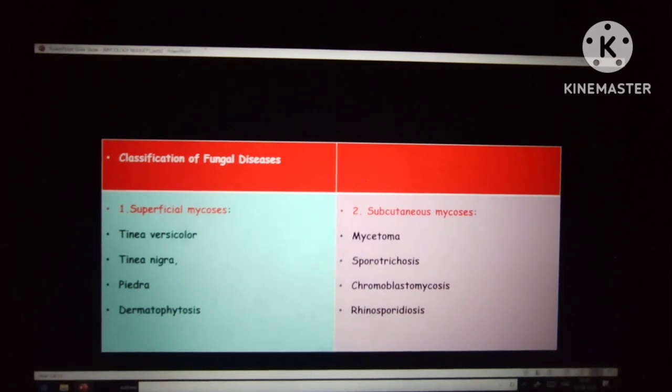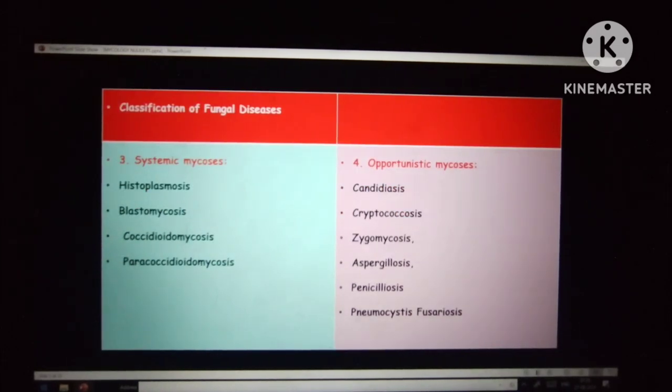First, superficial mycosis: Tinea versicolor, Tinea nigra, Piedra, where there is black Piedra and white Piedra, and dermatophytosis. Coming to subcutaneous mycosis: Mycetoma, Sporotrichosis, Chromoblastomycosis, and Rhinosporidiosis. Coming to systemic mycosis: histoplasmosis, blastomycosis, coccidioidomycosis, and paracoccidioidomycosis.